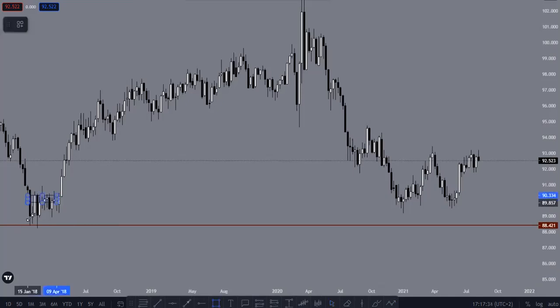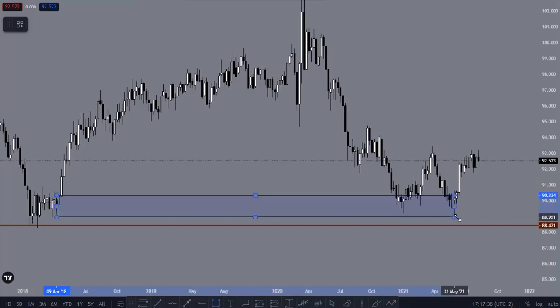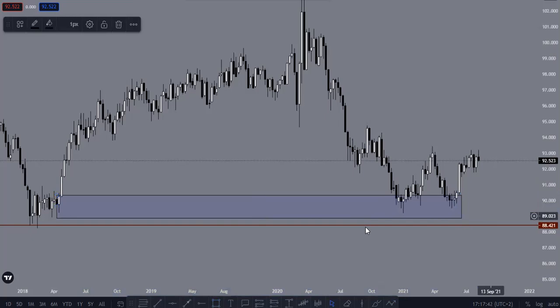This zone over here influenced the price on our right hand side, meaning in the near future, what did price do? It found support inside that zone. So it's been failing to make lower lows.